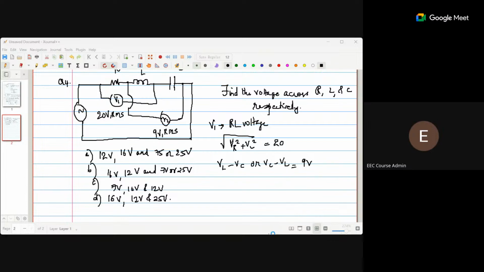In the first option, it is written 75 or 25 volts, 12 volts, 16 volts. The second option is 16, 12, and 7 or 25.